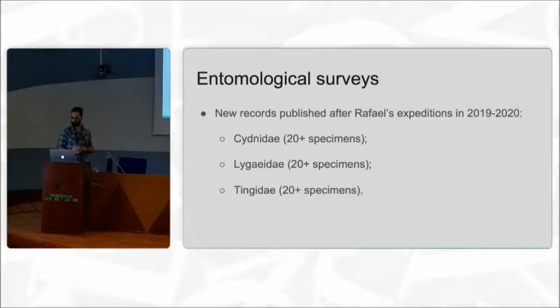After that, they published the results of this collection, and with regard to Heteroptera, they collected more than 20 species of ctenids, 20 species of lygaeids, and more than 20 specimens of tingids.